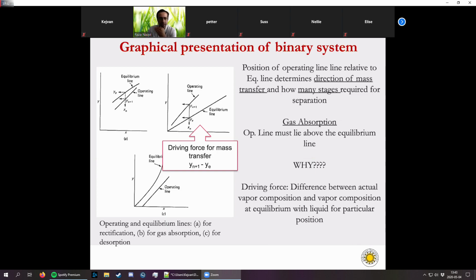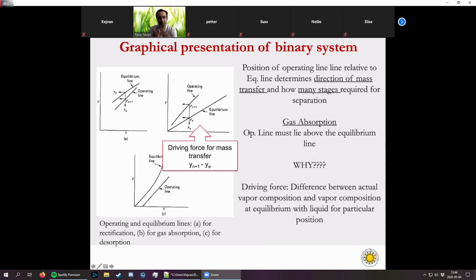Similarly, for gas absorption, the operating line must lie above the equilibrium line, because the concentration of the solute will be higher in the lower section as compared to the upper section. So the driving force will be yn plus 1 minus ye, where ye is the equilibrium value. So this is the reason that the operating line is above the equilibrium line in gas absorption, and below the equilibrium line in the distillation column.